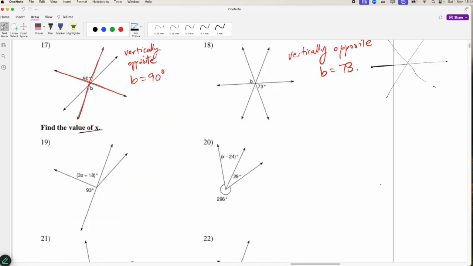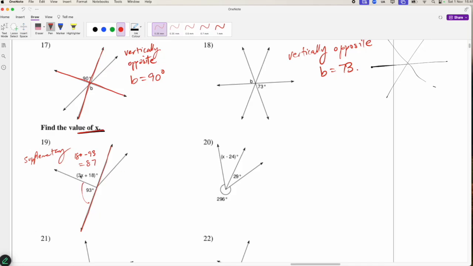Here you can see we have a similar situation, but this time we had to find x. We're not finding the angle there. I could see here that this is a straight line. It is supplementary, so if this is 93, then this side is going to be 180 minus 93, which is 87.